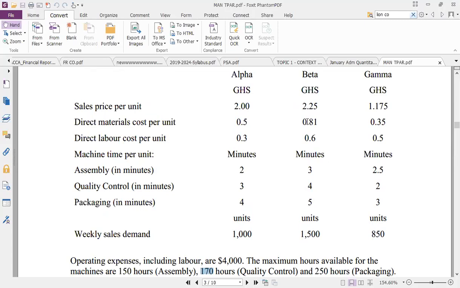Don't forget your currency, because if you write it without the currency, if I'm the one going through, I'll just put mango there, put tomato there, meaning you are there with mango. So that's 2.25, and then 1.175. That is the selling price for the products.